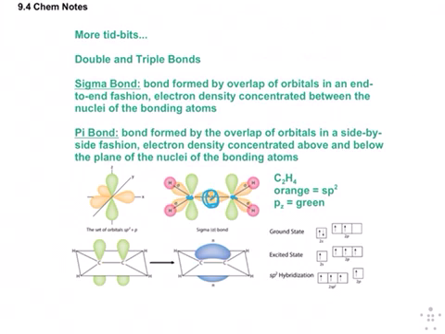Pi bonds form by overlapping of orbitals in a side-by-side fashion. Electron density is concentrated above or below the plane of the nuclei, so that would be kind of up here. Right here would be one. Any questions?